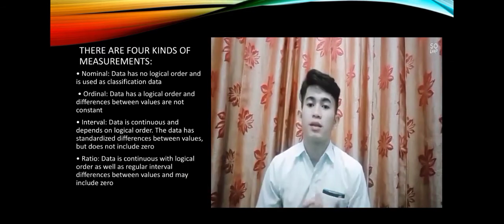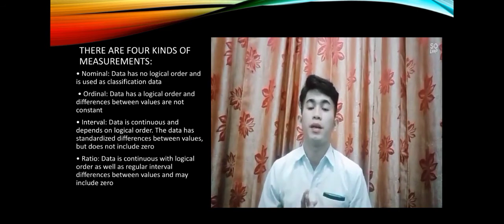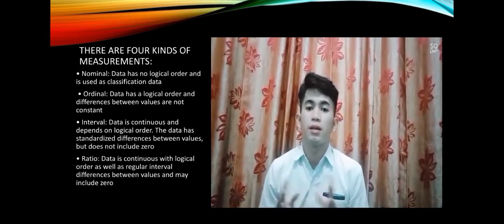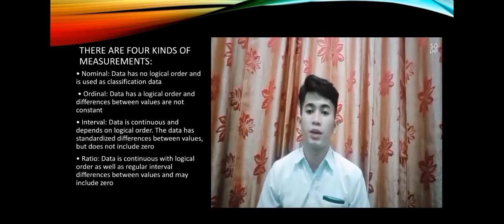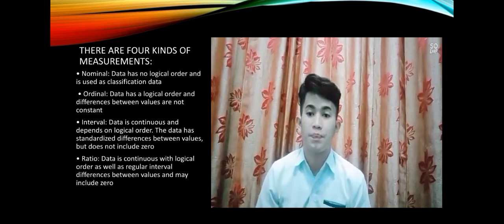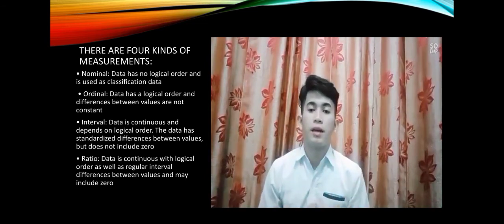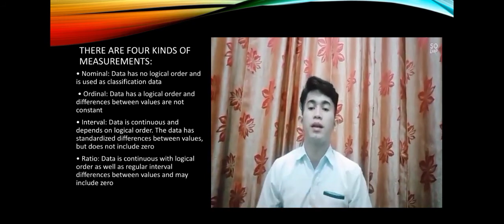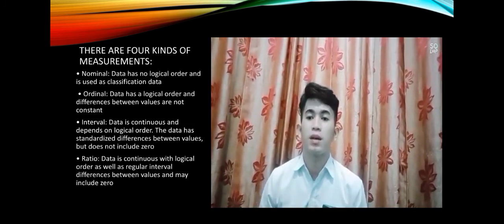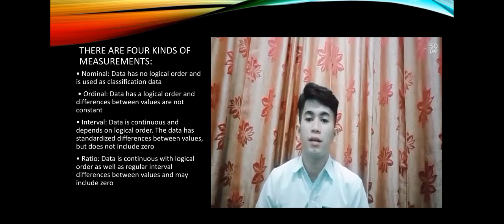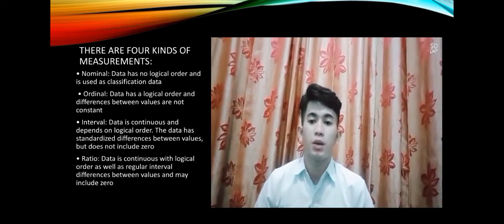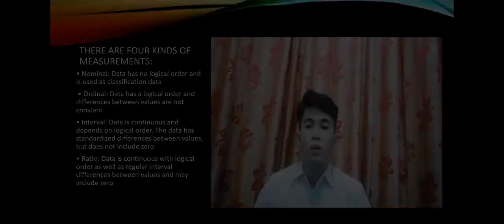Interval data is continuous and depends on logical order. The data has standardized differences between values but does not include zero. Ratio data is continuous with logical order as well as regular interval differences between values and may include zero.